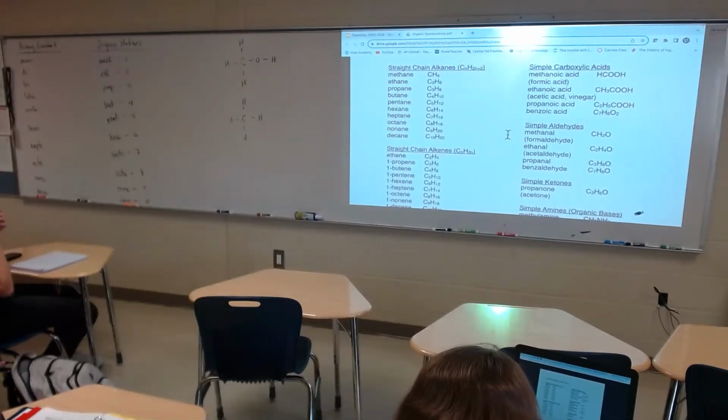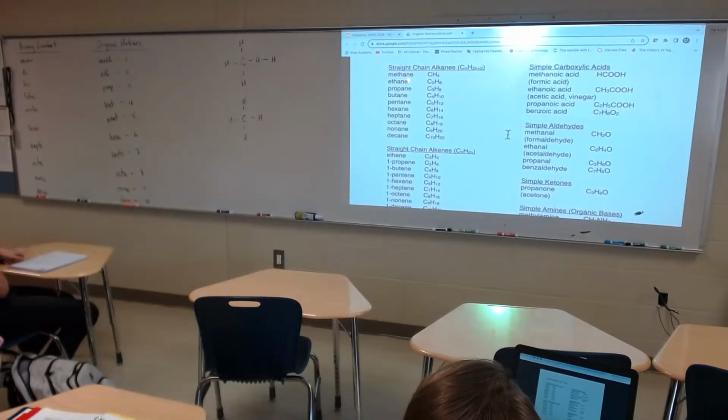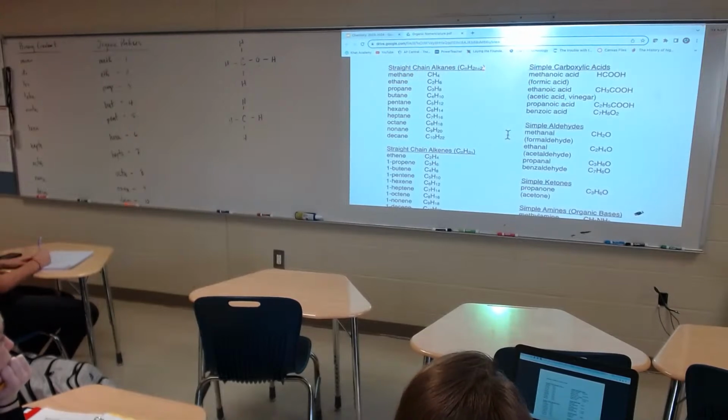So for example, starting right off at the top here, methane. Meth means 1 carbon, and A-N-E means they're all single bonded, which means we're going to use this formula right here to come up with the formula of the compound. There's 1 carbon because it's meth.